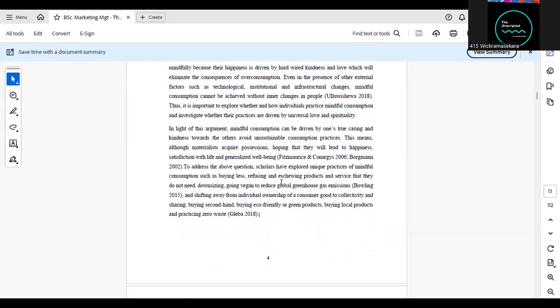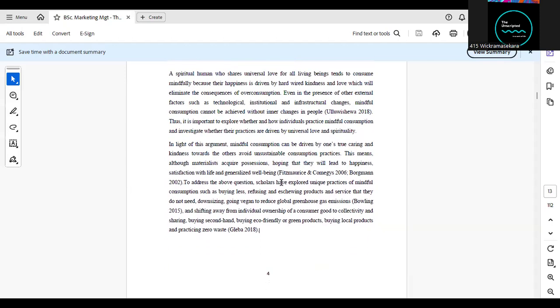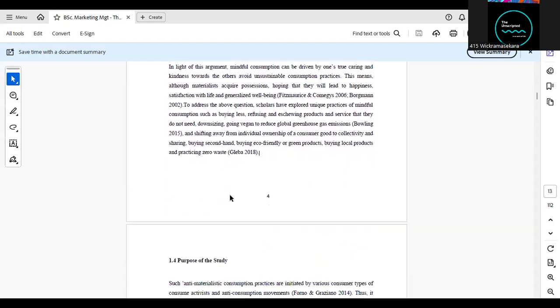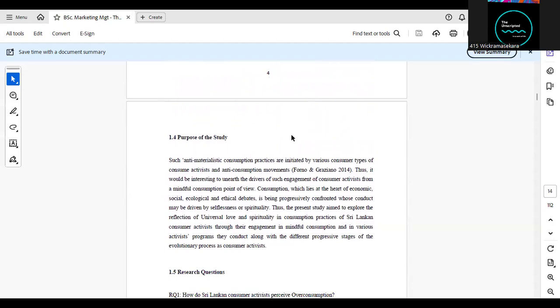You can actually mention that there are limited studies that have been conducted in specific areas, but have justifications, right? So please follow this.